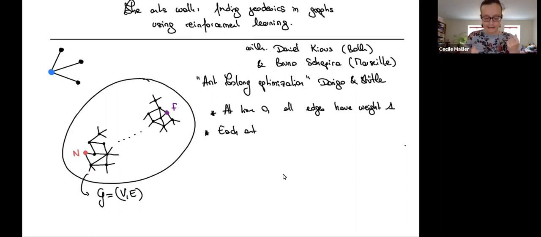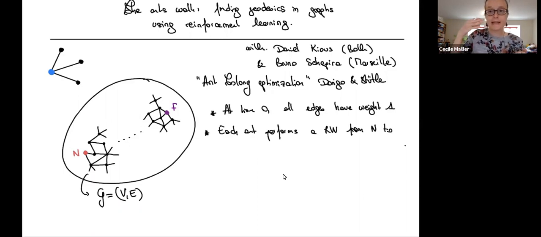Each ant performs a random walk from N, from the nest, and it stops when it first hits the food, F, with transition probability proportional to the weights.